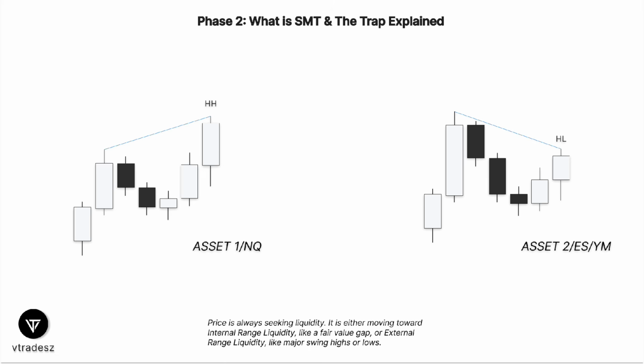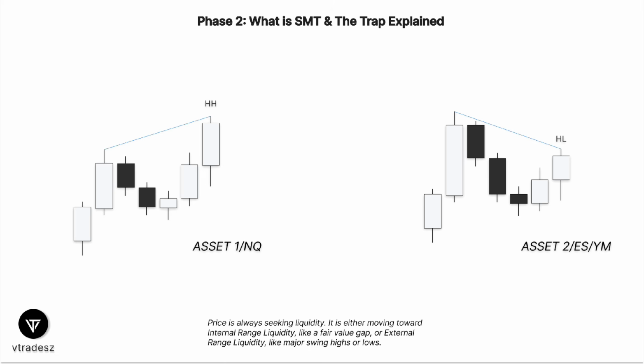The trap is trading SMT in a vacuum. Most traders see SMT form in the middle of nowhere and assume the market is reversing. But here's the golden rule. Price is always seeking liquidity.